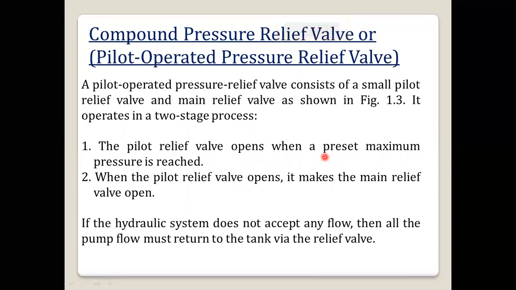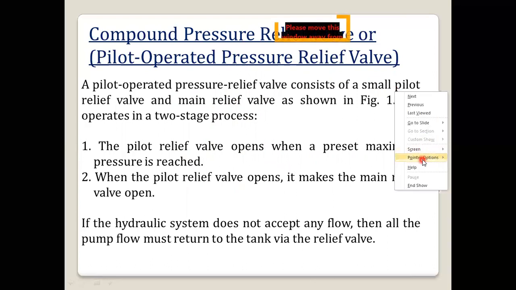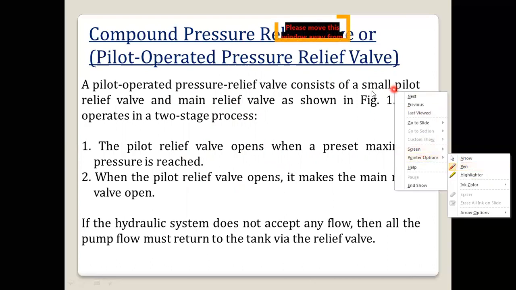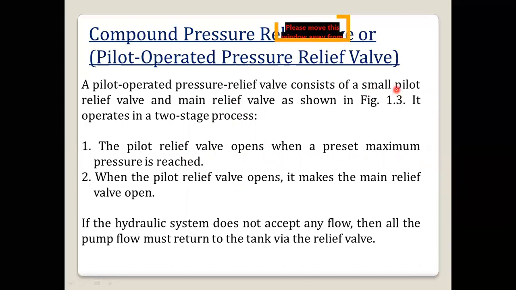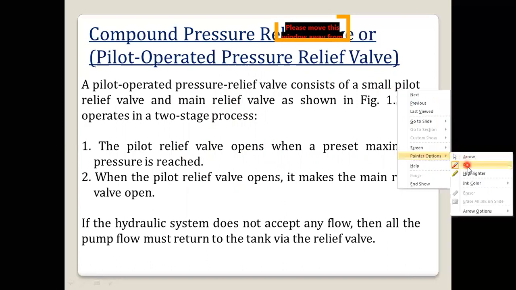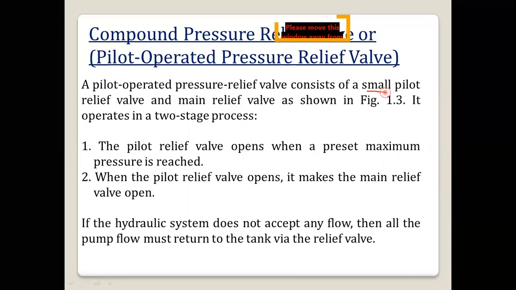Okay. So here you can see that the pilot operated pressure relief valve has two valves. One is the small pilot valve, and one more is the main relief valve.